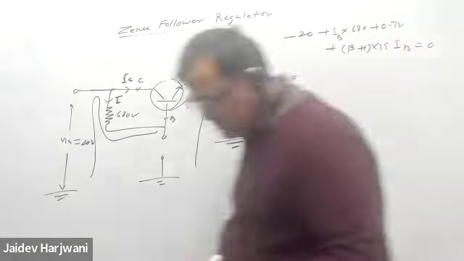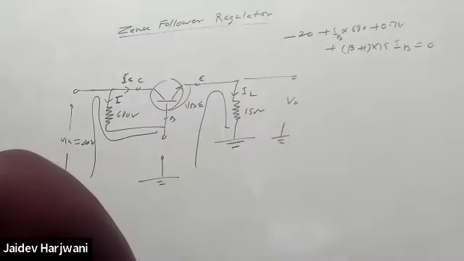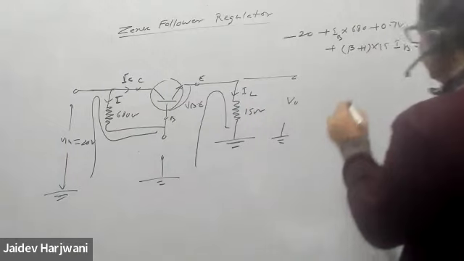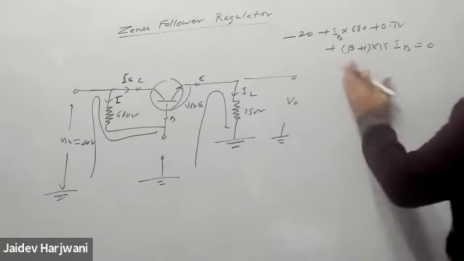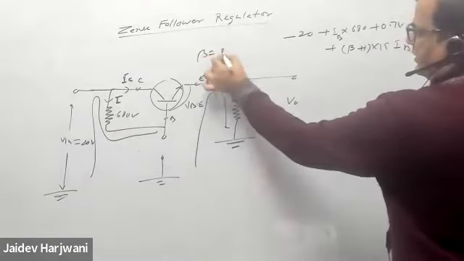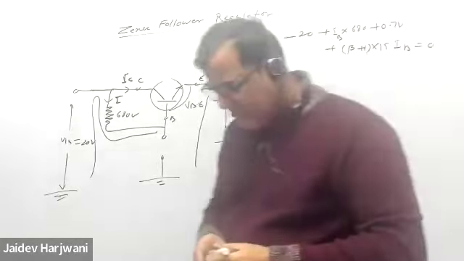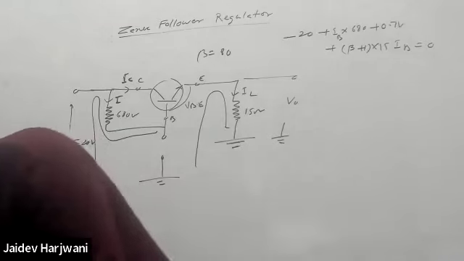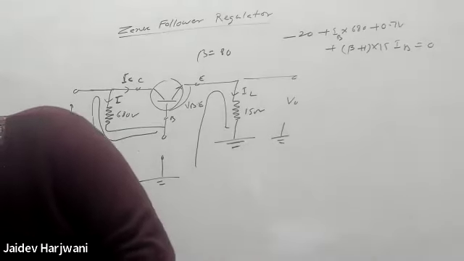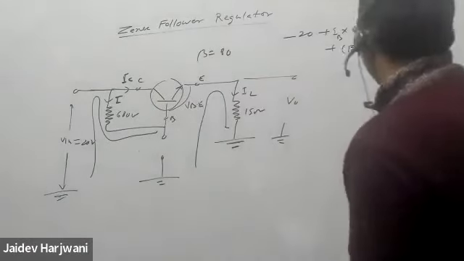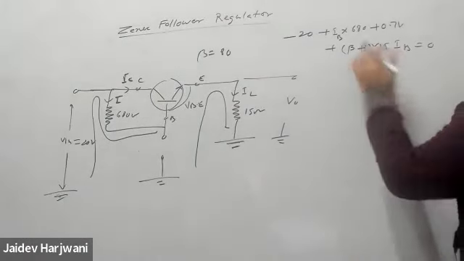Now, if the beta value is given in the question, how much beta is given? 80. So you can find what the current IB is. Calculate the current IB and tell me how much current is coming. So what is the value of IB here?